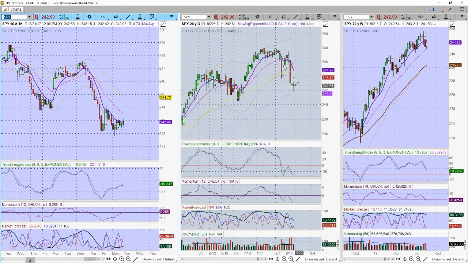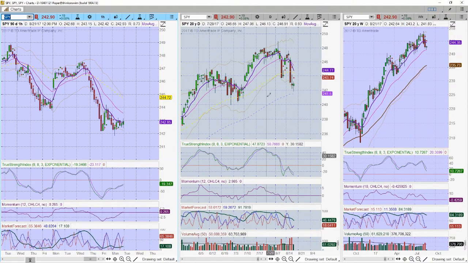We've got a hammer on the spiders just above support at the 100-day moving average, positive divergence on a daily chart, and also momentum turning down a little bit. Mike has talked about it before. We've got this double cluster on the market forecast, which often leads to a very quick little uptick in the market. What kind of an uptick could we look at?